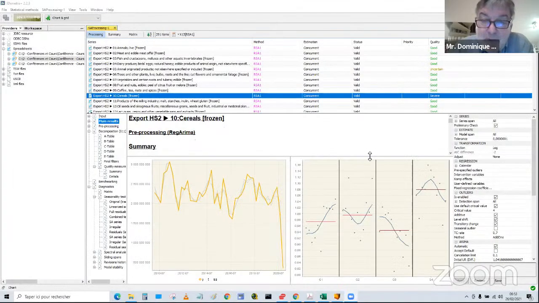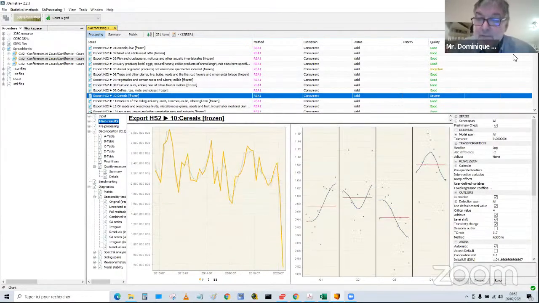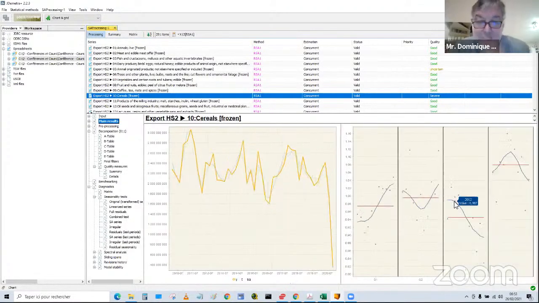Okay. So the first question is about the y-axis of this graph, the second graph here, which shows the seasonal component and the irregular component. So the question is about how to interpret this axis.